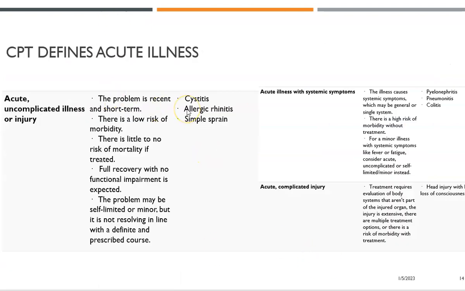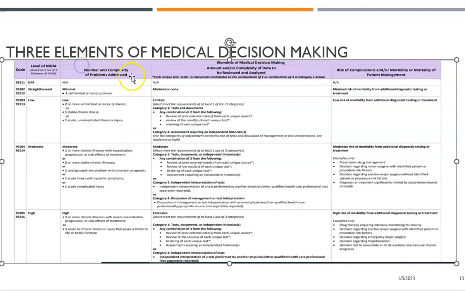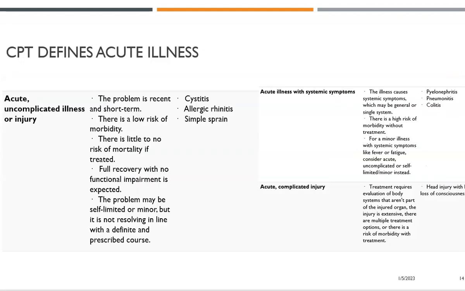This slide is really great for having CPT or the AMA explain what the different illnesses are, which were, if we go back to that first one, right here in column 1, the number and complexity of problems addressed. So how do we know what's acute, what's chronic, what's systemic?